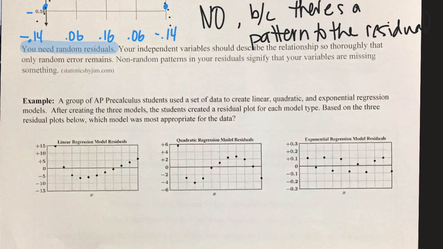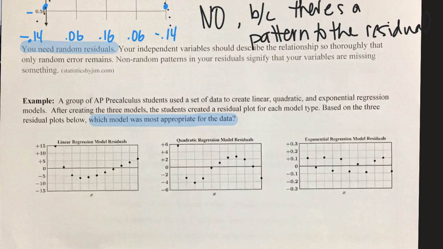So here's an example looking at these three equations. Which model is most appropriate for the data? Is it this one that has this nice looking swoosh? This one that looks almost cubic? Or is it this one that goes up and down and back and forth?